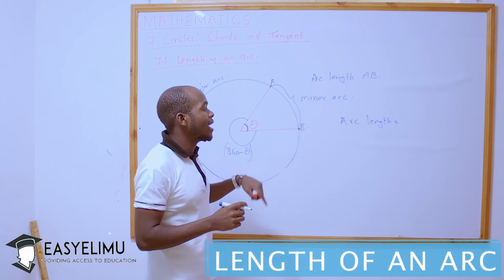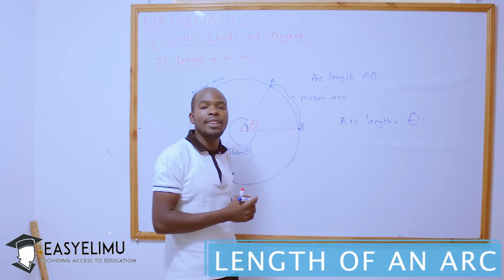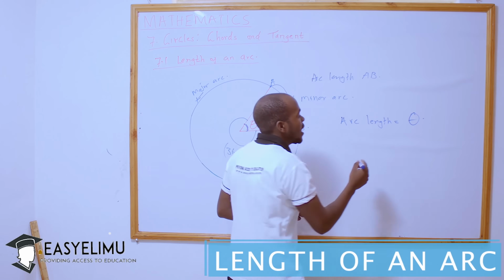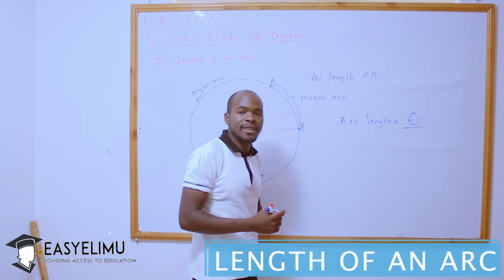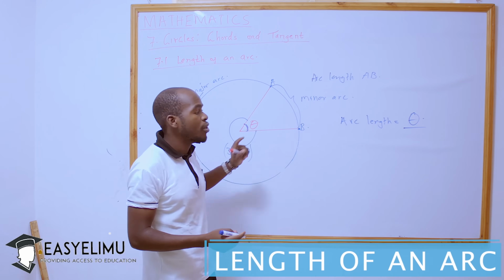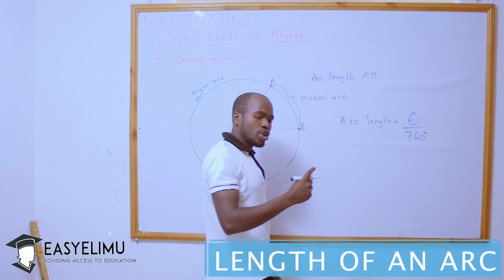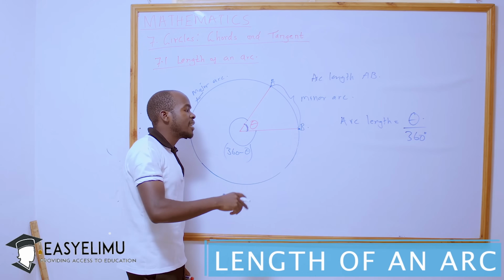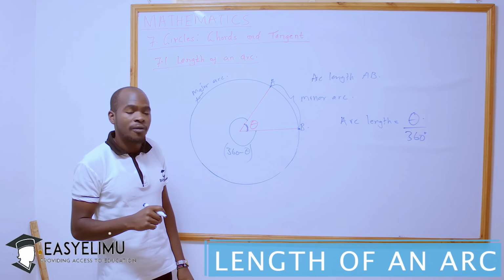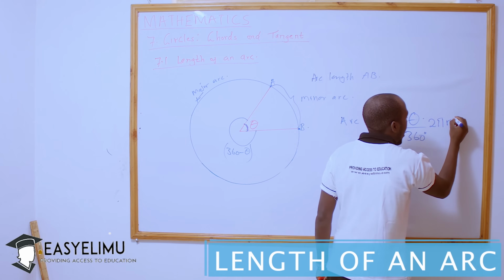So to find that arc length, you will take the section which is subtended, theta, over 360, which is the total degrees subtended by the circumference of a circle. Then you multiply by 2 pi r.